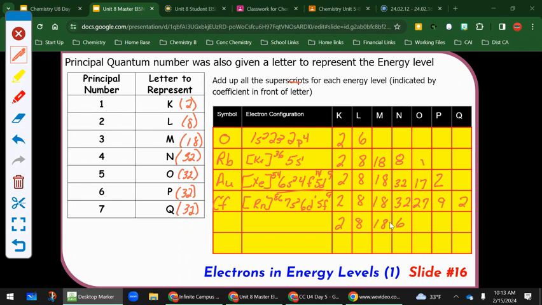So the reason that an S has only one orientation is because here is its shape. No matter how I turn this, it always appears to look exactly the same. So therefore, there can only be one orientation. For a P, I'll pull them out and show them to you.